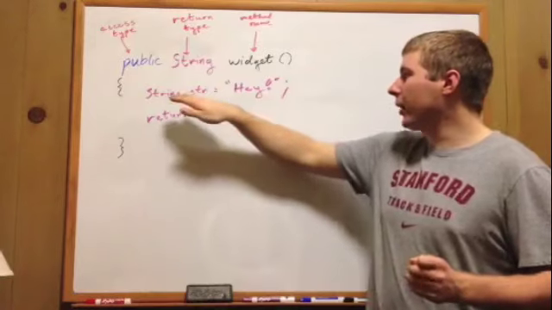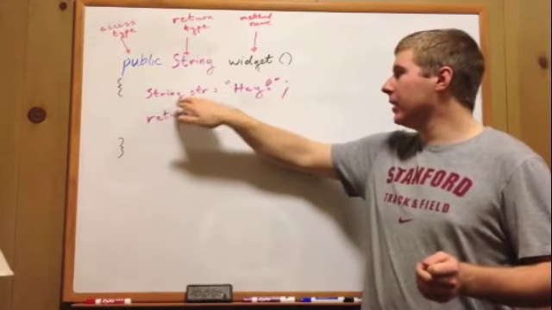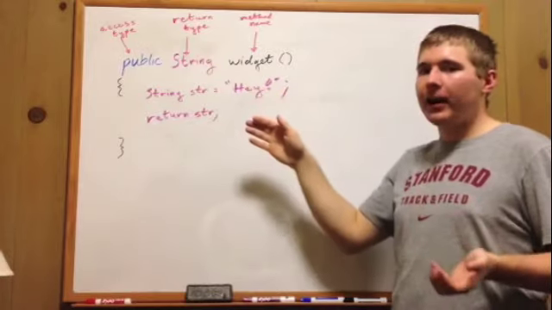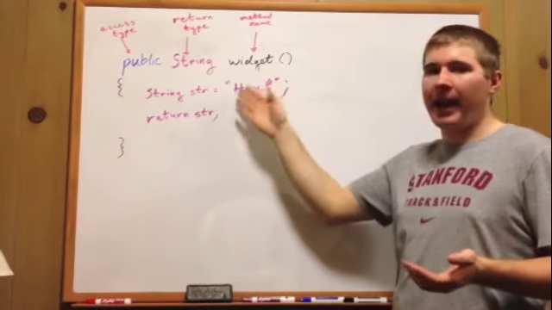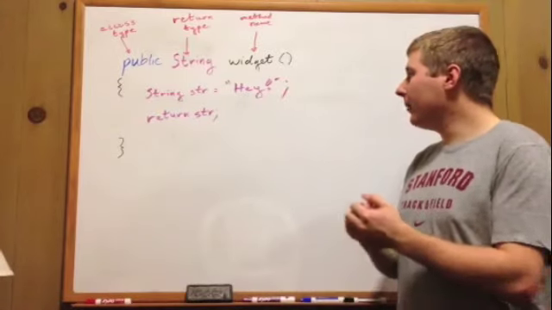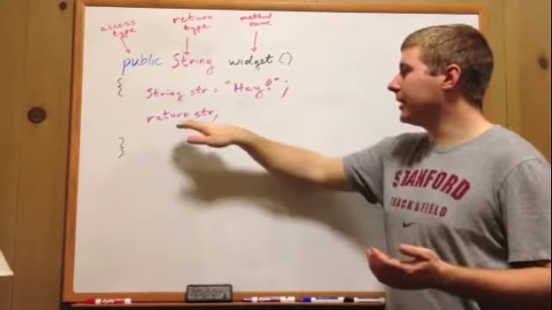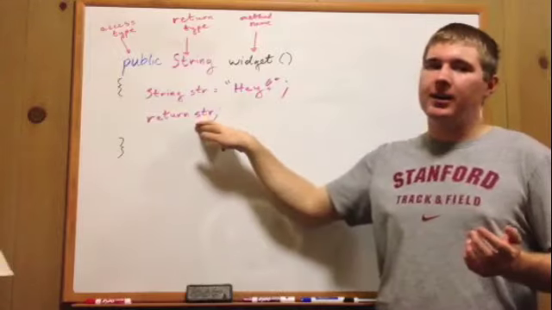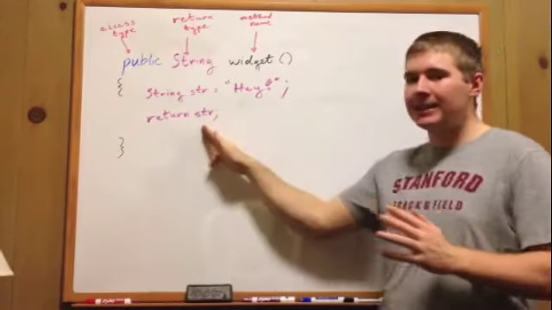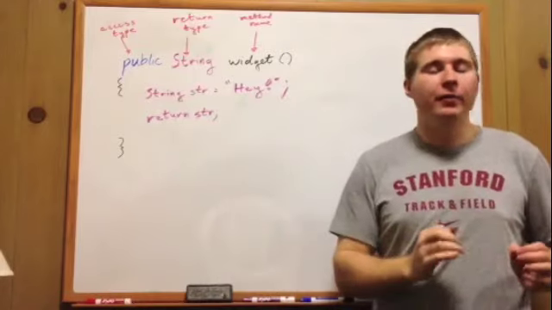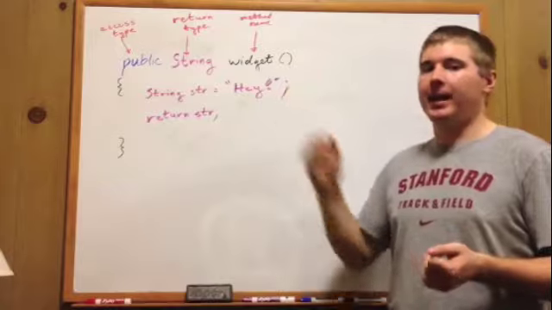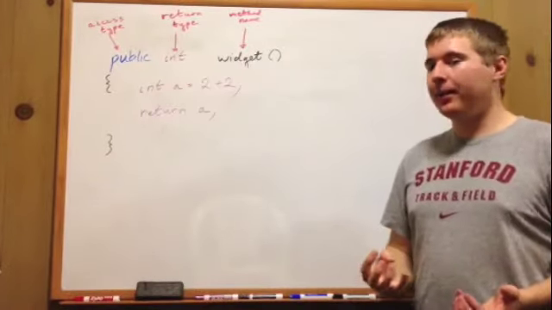So I just created a new string object, called it str, and put the value for str as hey, because of course I wanted to say hey to you guys. Now what we're going to do is say return str, and that's going to return the value of str back to whoever called this method, which in this case is going to be hey. Okay, so let's look at another example.